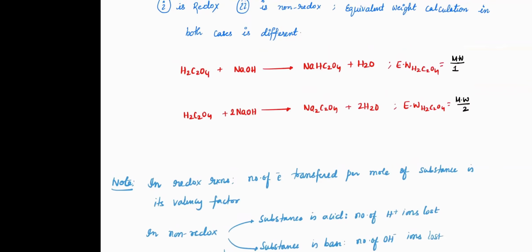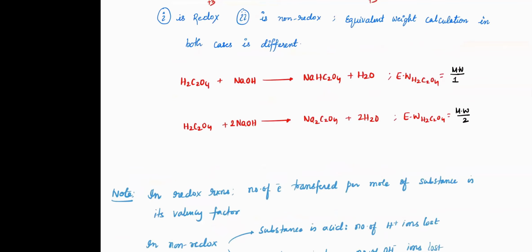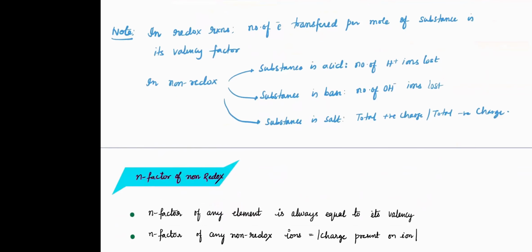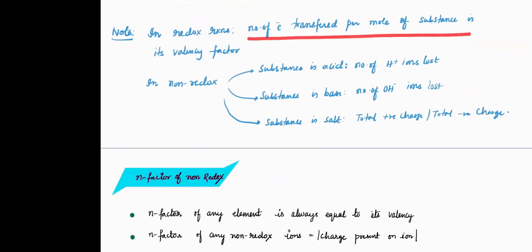Okay. So, this would be the equivalent weight in case of non-redox. If it is a redox reaction, you just need to check how many electrons are transferred per mole of a substance; that is its valency factor. If you take a non-redox reaction and the substance is an acid, then you check how many H plus ions it can lose.